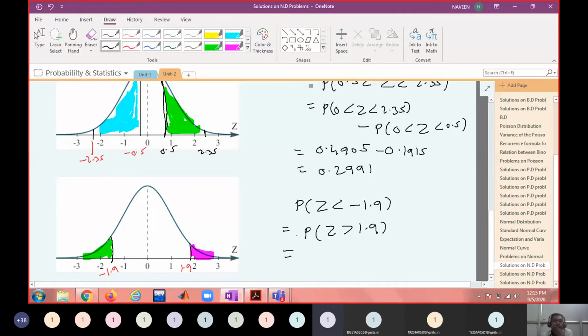It is 0.5 minus the area from 0 to 1.9. We know half of the area is 0.5, no? So from 0.5 you remove the area from 0 to 1.9. That will give the area from 1.9 onwards. Is this clear? We always have to use the right half of the standard normal distribution.